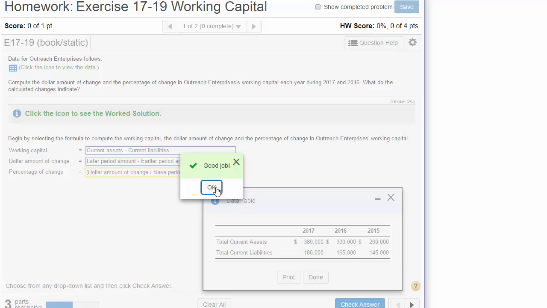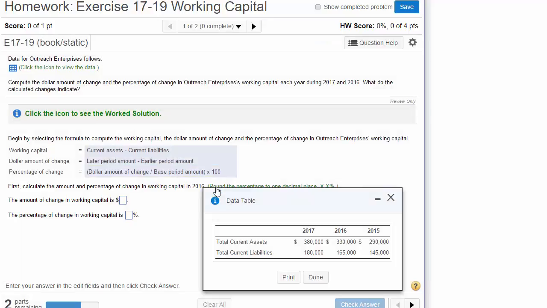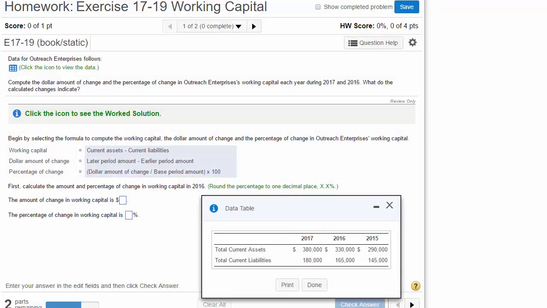Now that we've got the formulas worked out, we can start working on the data. So first we need to calculate the amount and percentage of change in working capital for 2016, and then round percentages to 1 decimal place.